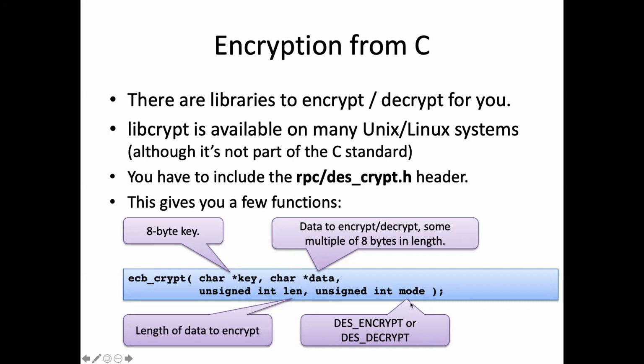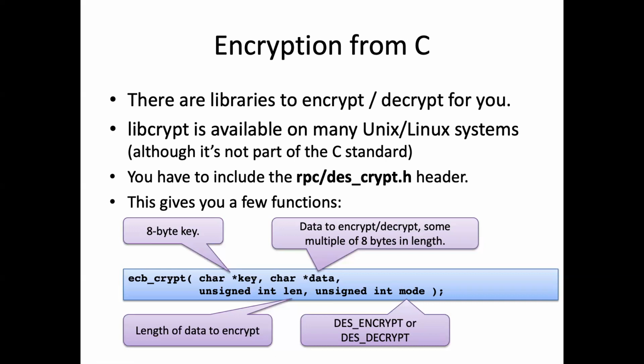Because this is a block cipher, it's depending upon your block of data being some multiple of 8 in size. If it's not, if you've got a block of data that's 15 bytes long, then you're going to have to pad that data.